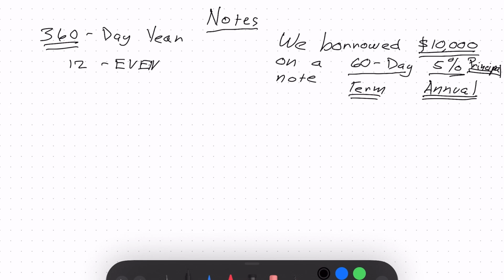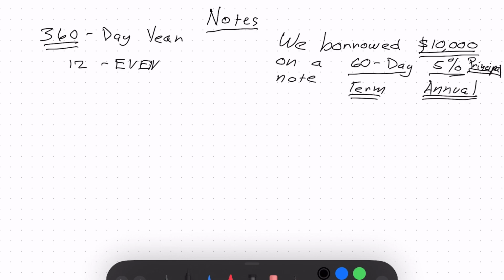So getting back to our note here, how are we going to figure this out? Well, let's start by finding out what the interest would be if we had to pay it for the whole year. So we're going to take our principal, which is our $10,000, and then we're going to multiply it by our interest rate.